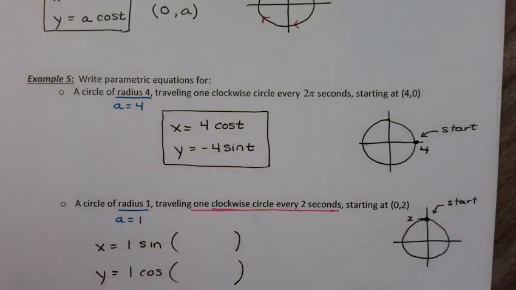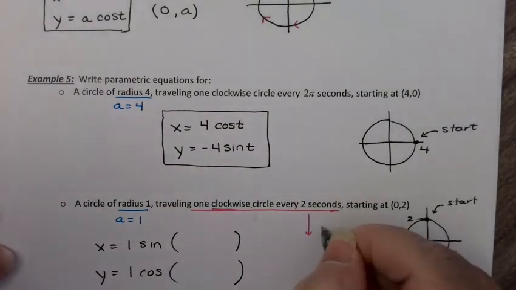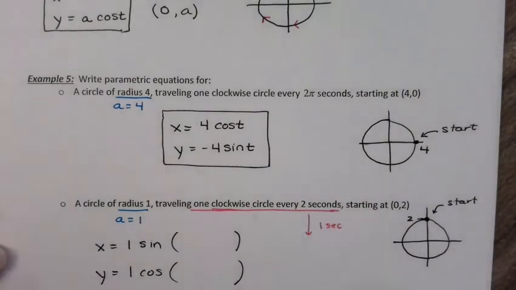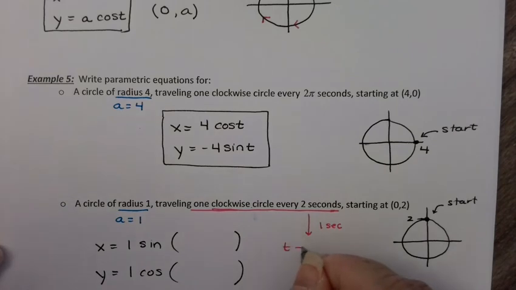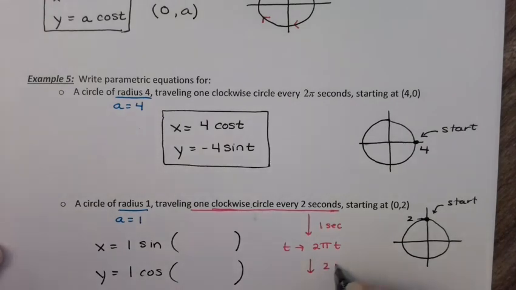Now, as far as getting the 1 clockwise circle every 2 seconds, remember that to go to 1 second, t was replaced by 2 pi t. To get 2 seconds, I only want to go half as fast. So it would be 2 pi t divided by 2, or just pi t.